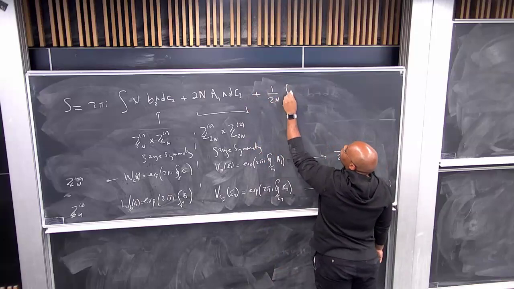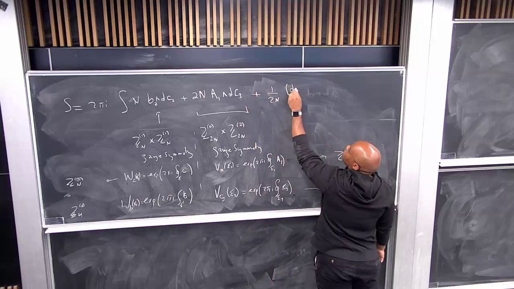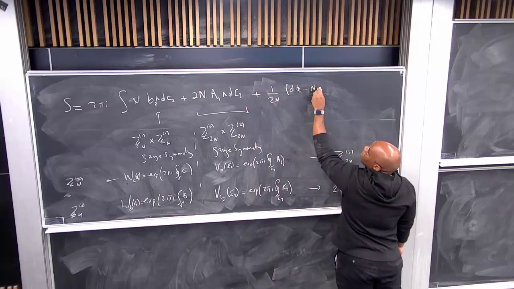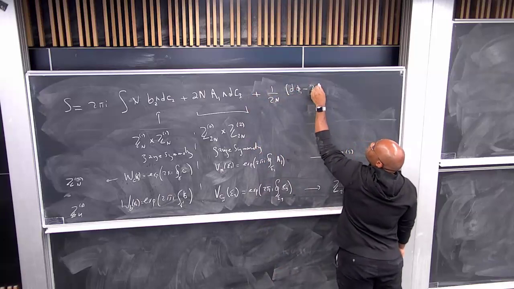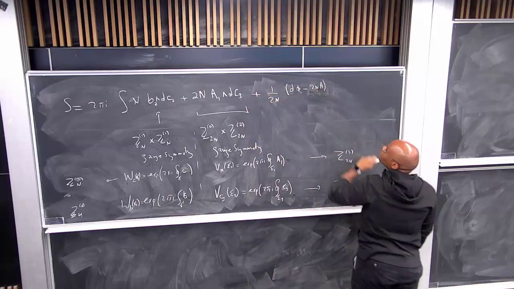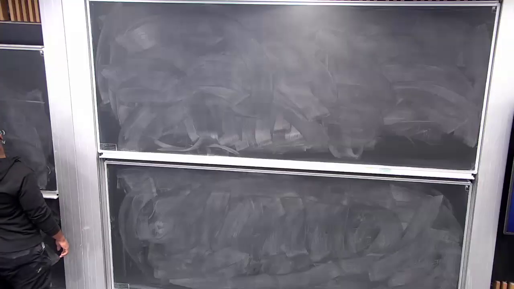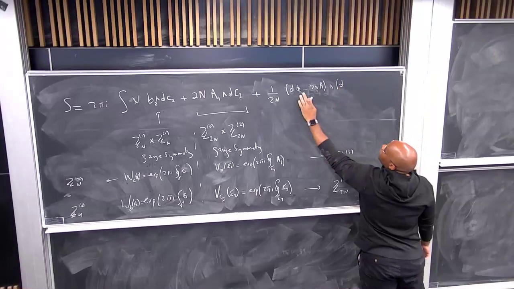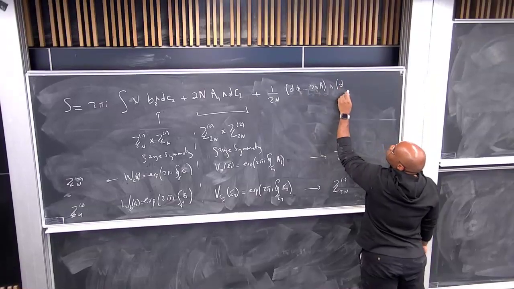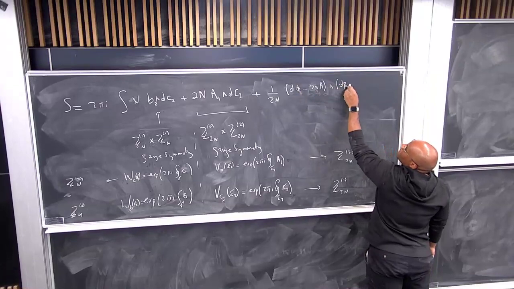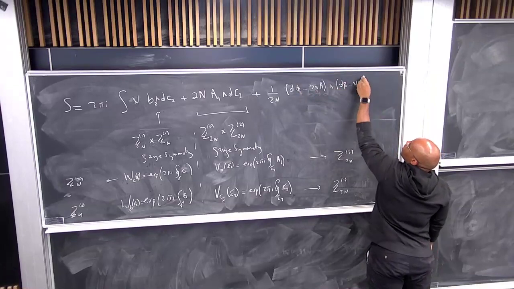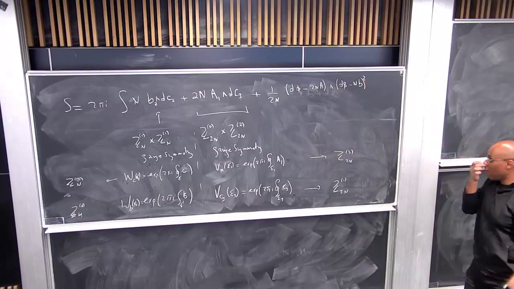I will introduce some fictitious fields, phi1 minus 2n times a wedge e of some, is 0, and then some beta minus n is b. Okay, so this is an interaction term.